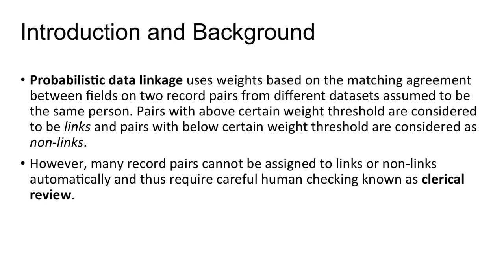Pairs with a weight above a certain threshold are considered to be links or matches, and pairs below a certain threshold are considered to be non-links or non-matches. However, many record pairs cannot be assigned to links or non-links automatically and hence require careful human checking. This process is known as clerical review in the probabilistic data linkage process.